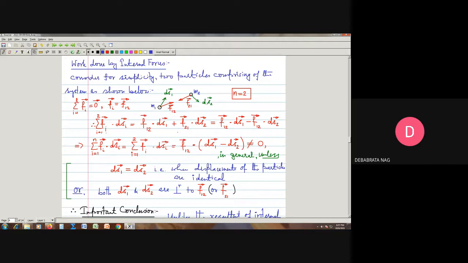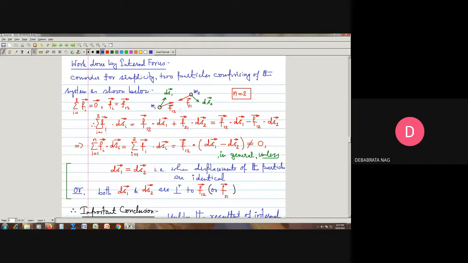We noted that if we have the system of masses here, and when they are going by this work energy principle, the internal forces also contribute in the work function.